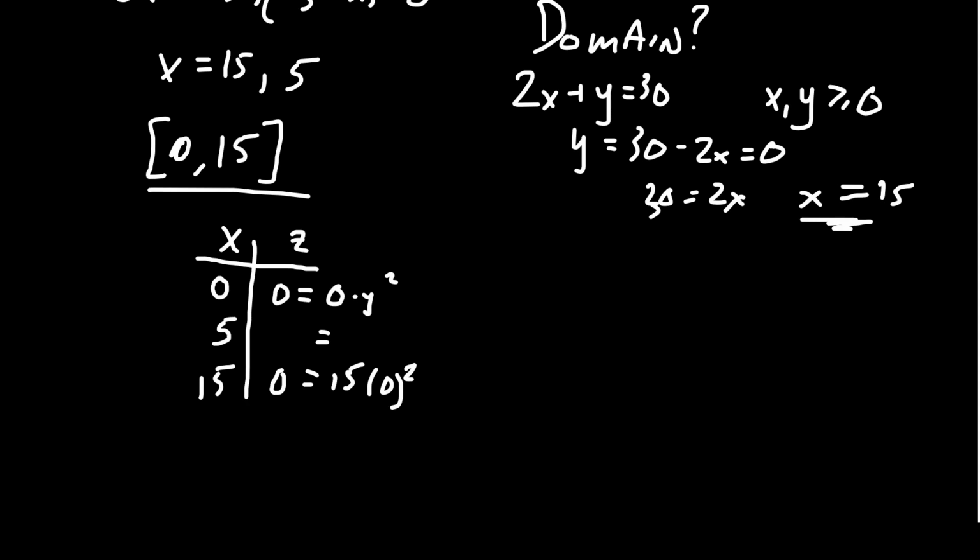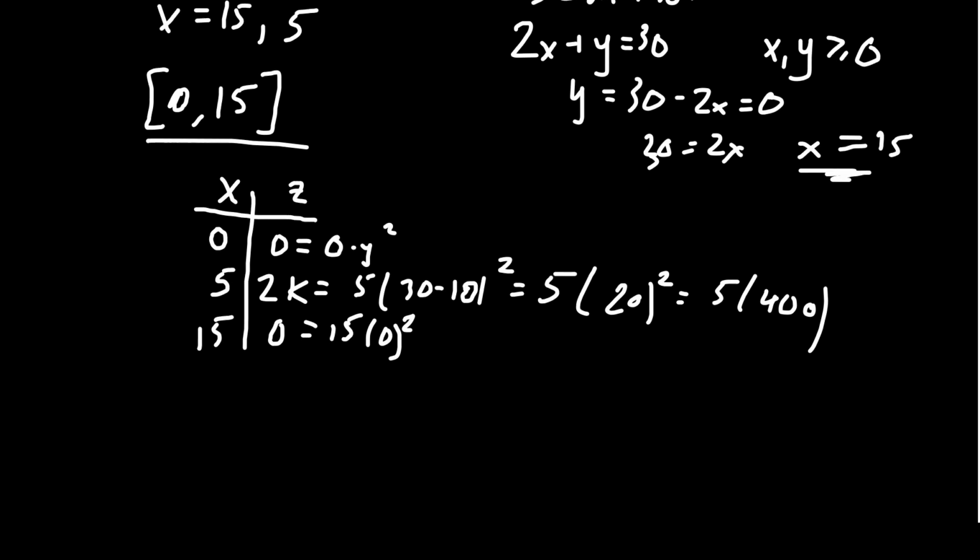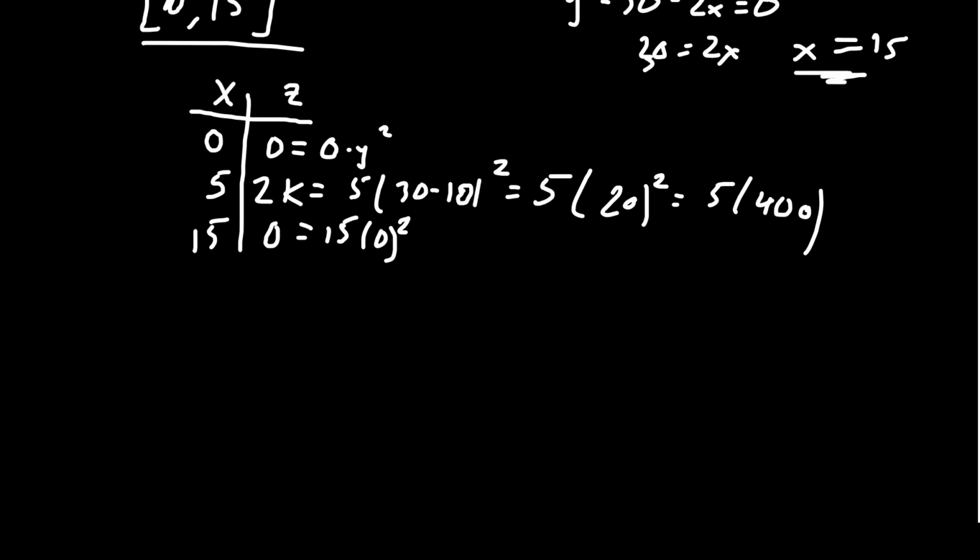So to maximize, we get 5 times, 30 minus 10 is what we get for y this time, so 20. So we get 5 times 20 squared, 400. And so then we end up with 2,000 as the corresponding z value for x equals 5.